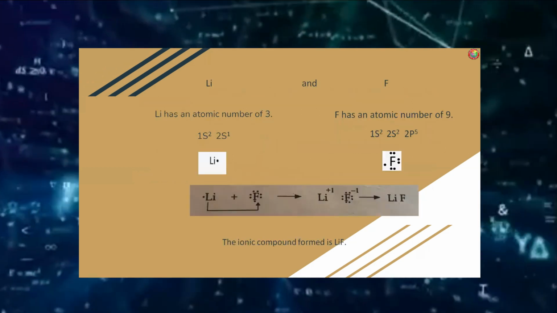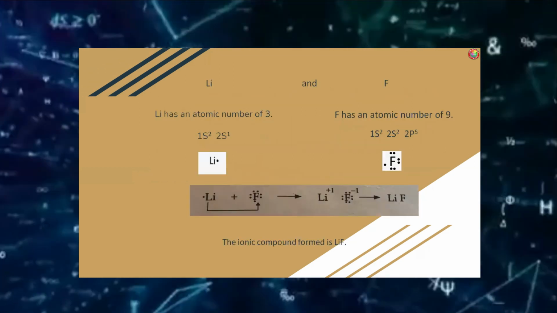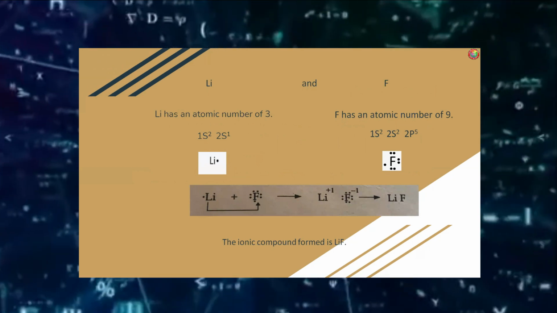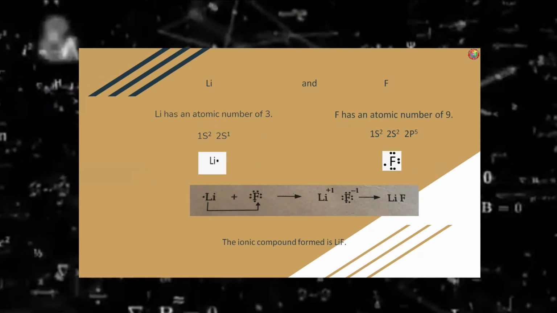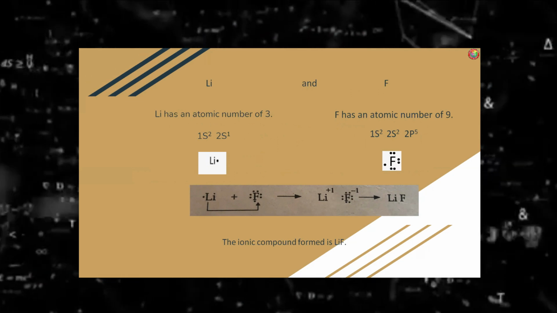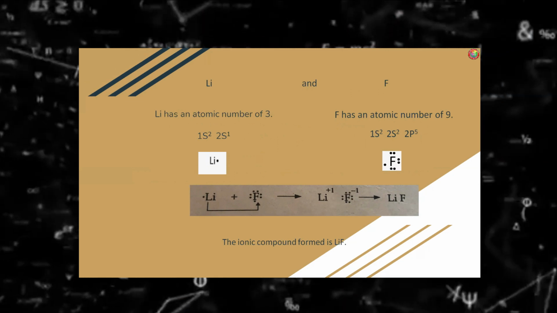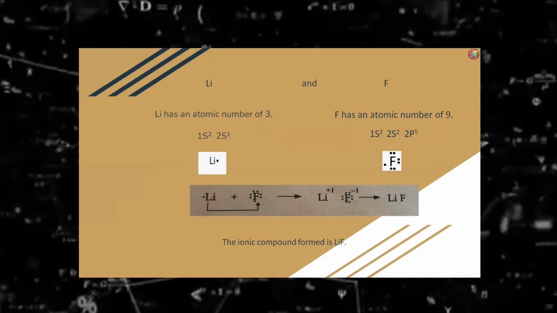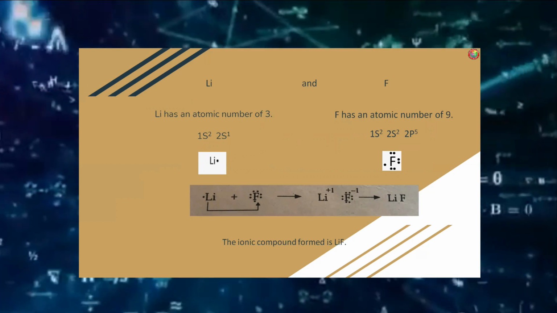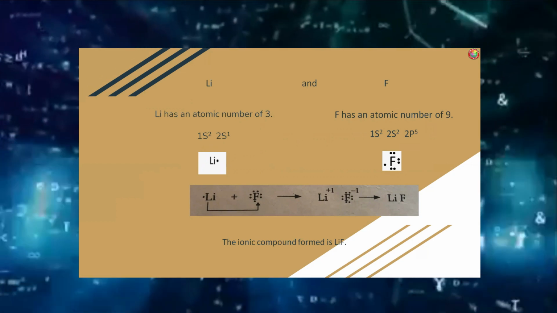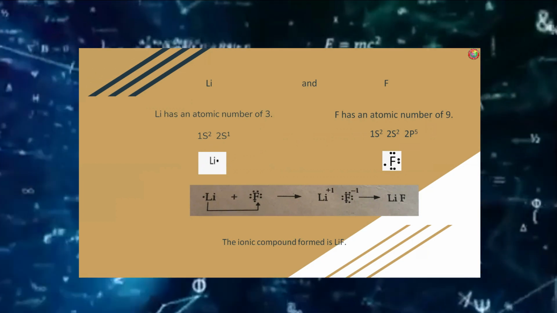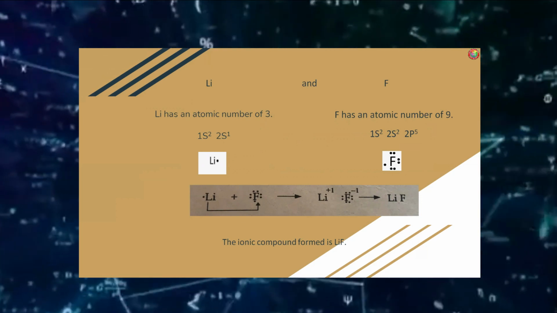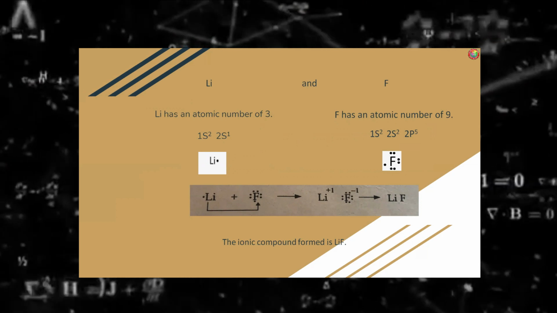For example, we have lithium and fluorine. Lithium has an atomic number of 3 and fluorine has an atomic number of 9. The electron configuration of lithium is 1s2 2s1. The outermost shell is the second, and we have 1 valence electron.